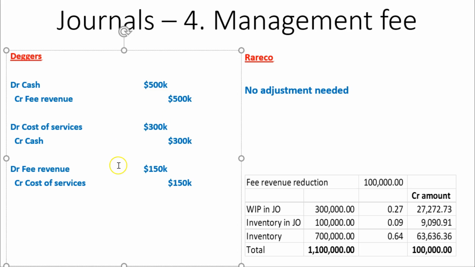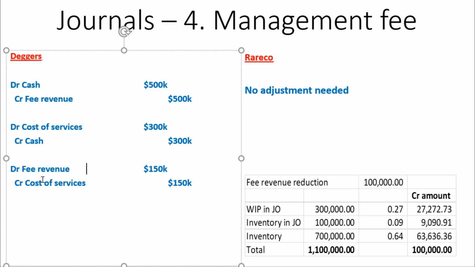So we debit fee revenue of $150,000 because we want to de-recognize the revenue related to half of our cost. And we're crediting cost of services because we want to reduce the actual cost recognized by $150,000 because we only want to recognize $150,000 of cost.